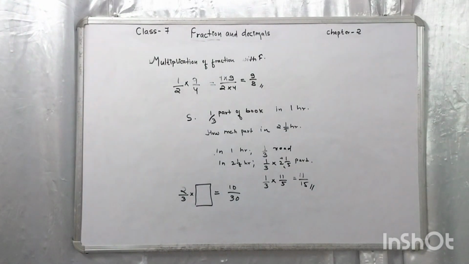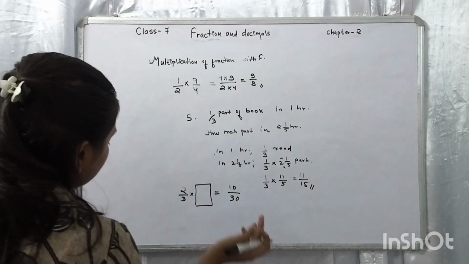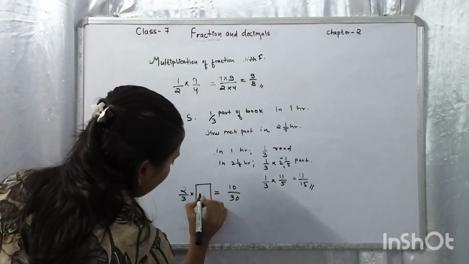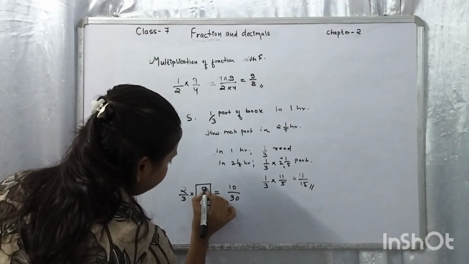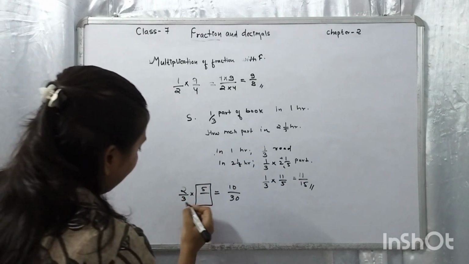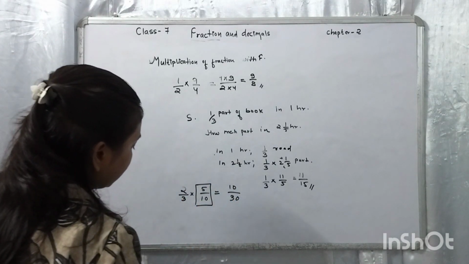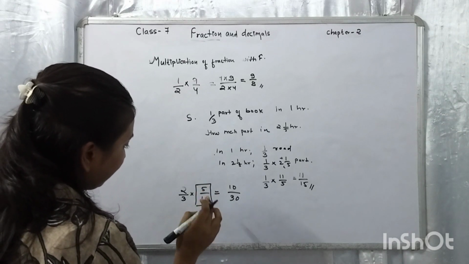Fine. So this is very easy, as I taught you. You need 10 here, so you multiply 5, which will give you 10, and down you multiply 10, which will give you 30. So your box will contain 5 by 10.